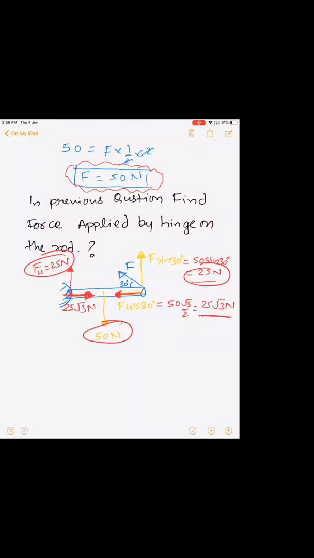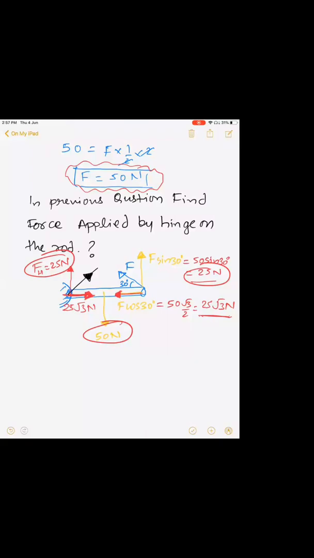Now, the force applied by the hinge on the rod will be the resultant of these two, 25 Newton and 25 root 3 Newton. This is the net force by the hinge on the rod. Do you agree with this? The black color force.